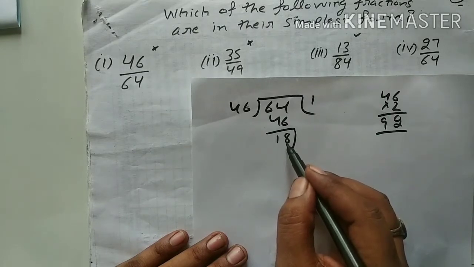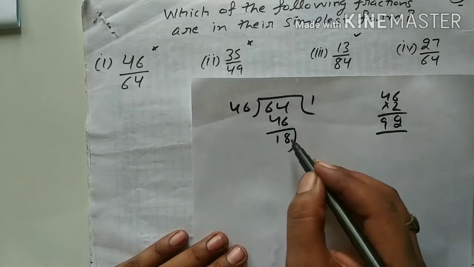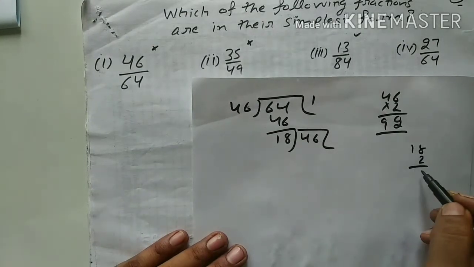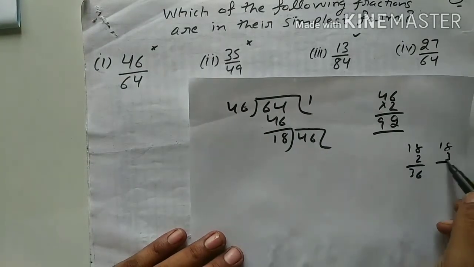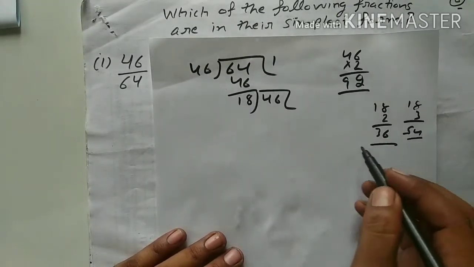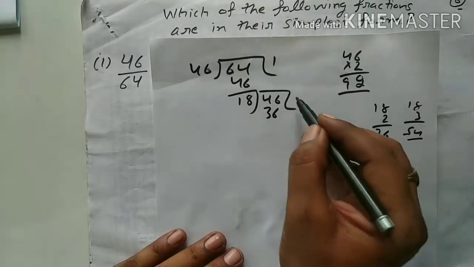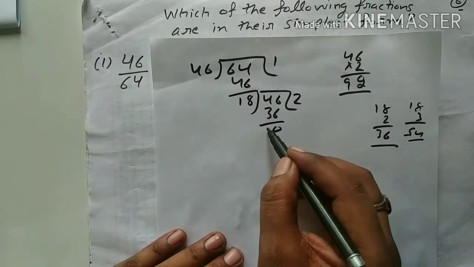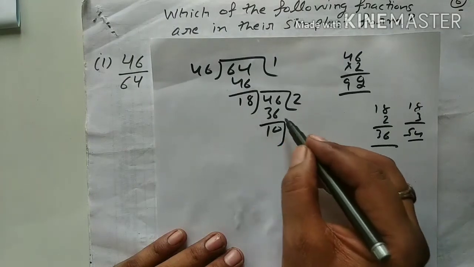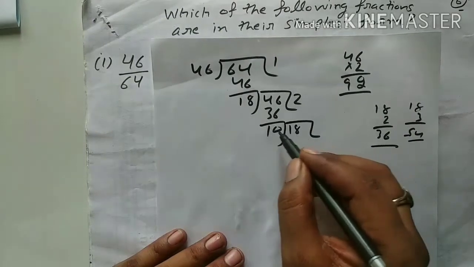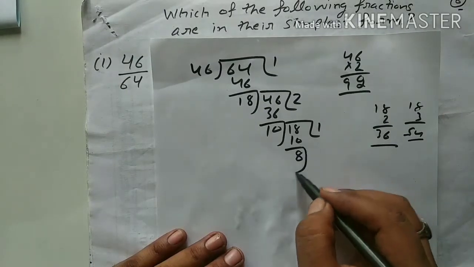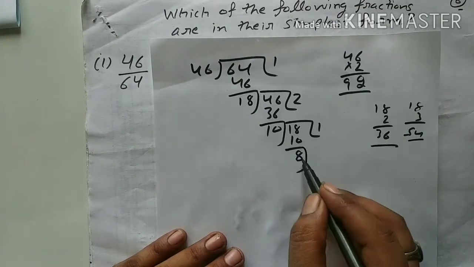I will divide the earlier divisor with this remainder. Now 18 ones are 18, 18 twos are 36, 18 threes are 54. Now 18 threes are 54, that is greater, therefore I will write 36 at second place. Here the remainder is 10. Now I will divide 18 by this remainder. Now 10 ones are 10, the answer is 8. Now I will again apply the long division.